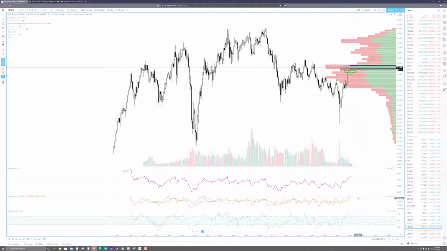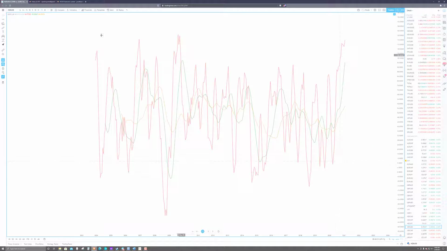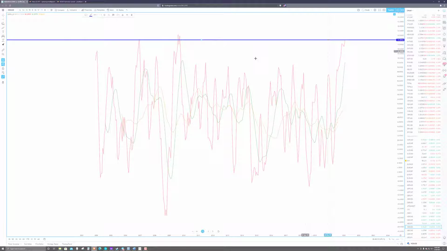On the composite index, if we look here, this is the current level of the composite index. We're right at this historical resistance zone for the NZD USD.